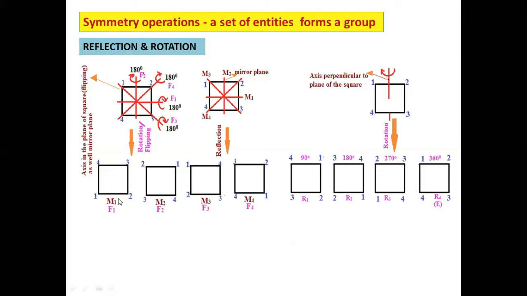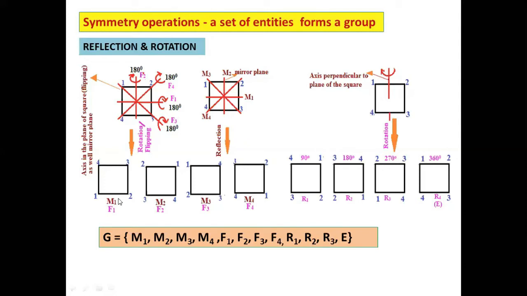All these possible operations are now put together, and they form a set of elements which belongs to a group G. All these symmetry operations will be considered a set of elements belonging to the group, and to belong to that group, it has to satisfy the basic properties of a group.